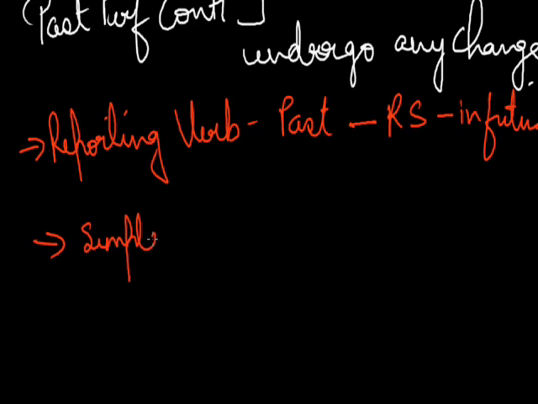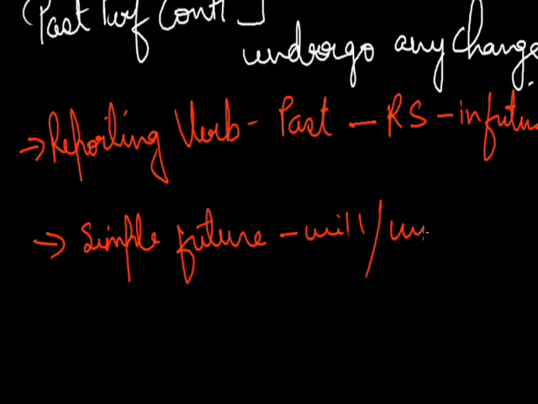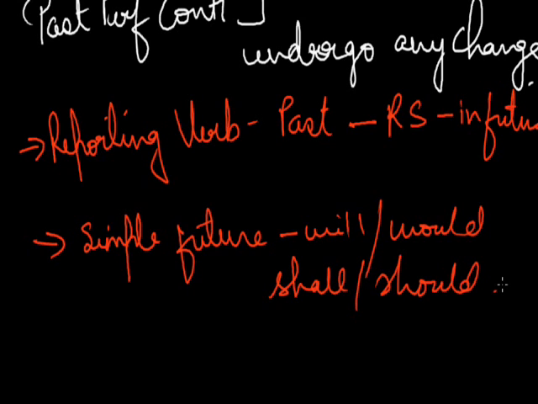If the reported speech is in simple future, then "will" gets changed into "would" and "shall" gets changed into "should." For example, Shikhar said, "He will not come." The answer is: Shikhar said that he would not come.